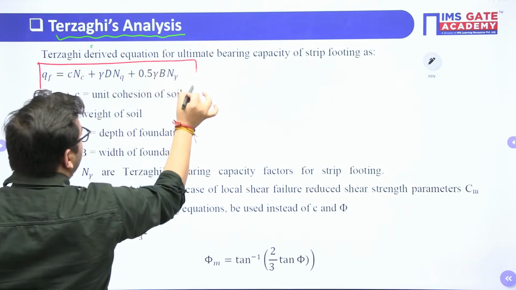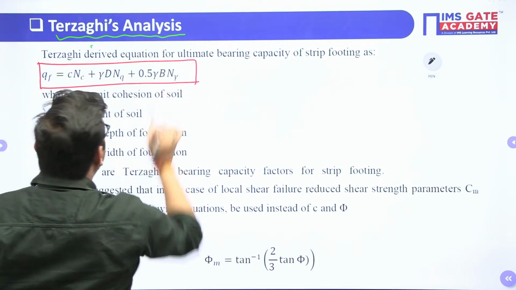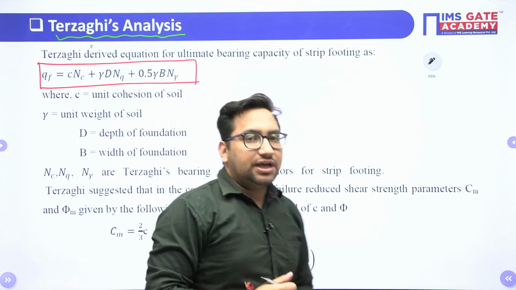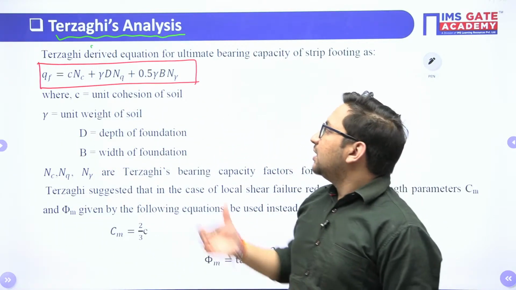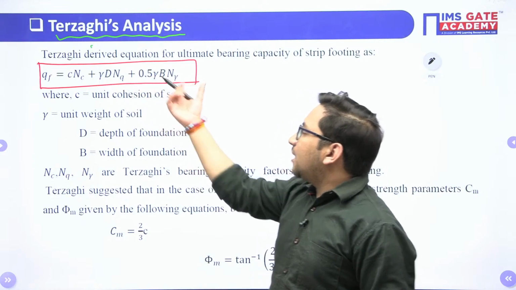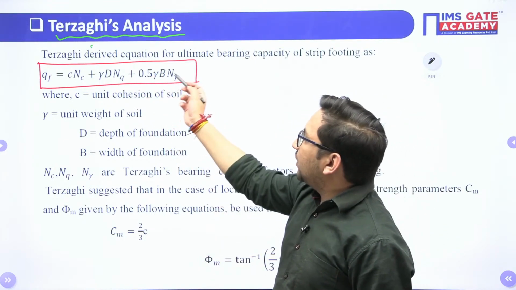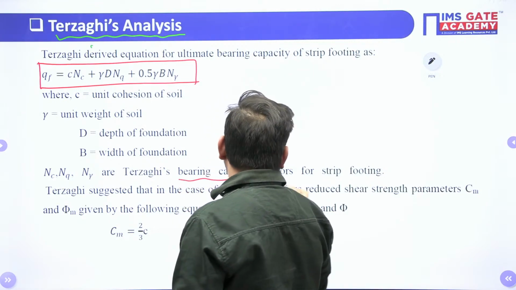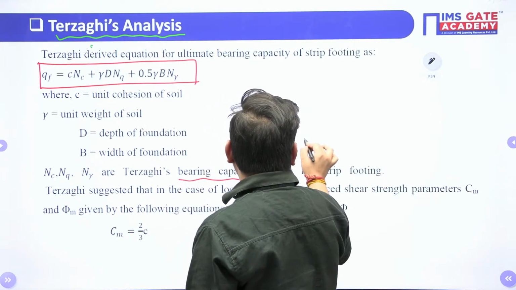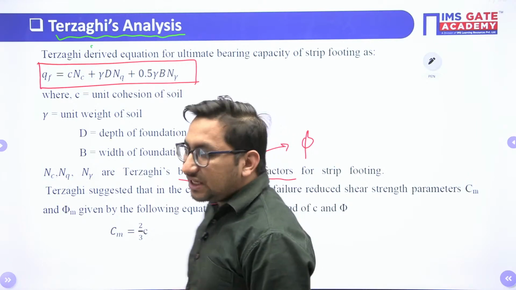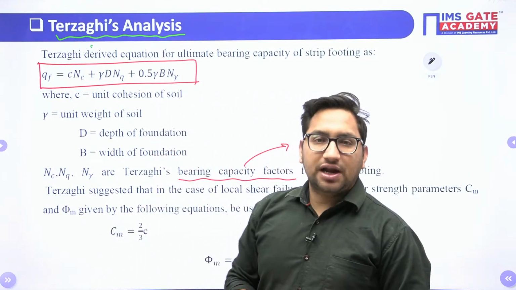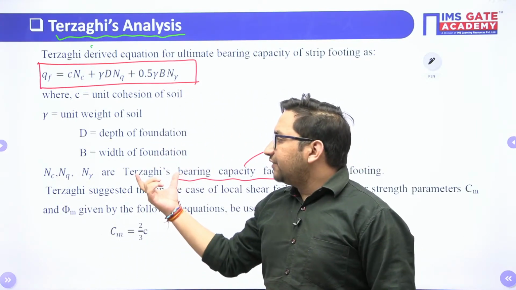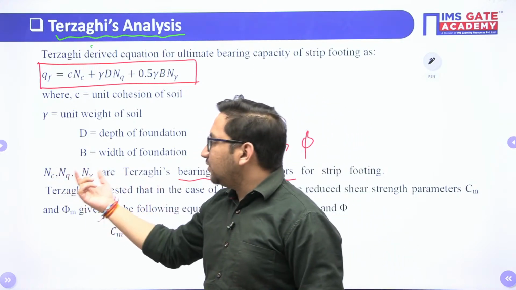You will definitely get one question on this formula, that is cNc plus Nq into gamma into Df plus half gamma B N gamma. Here Nc, Nq and N gamma are Terzaghi's bearing capacity factors and they are a function of the angle of internal friction. It means they change with different phi values. For different phi values, what will be Nc, Nq and N gamma?